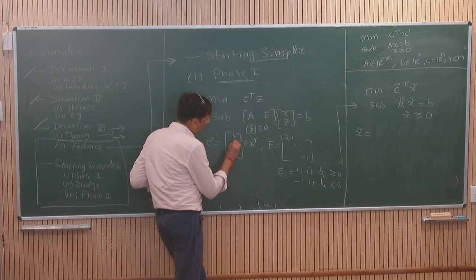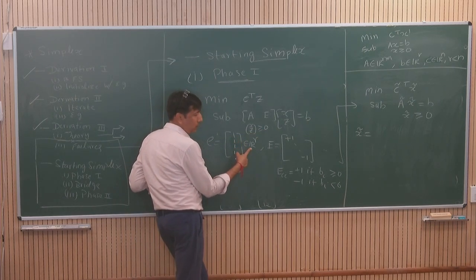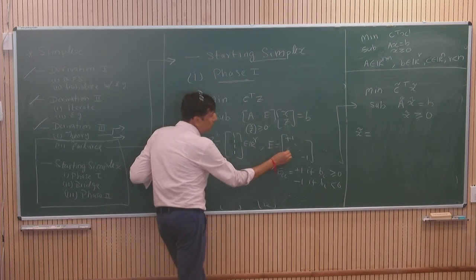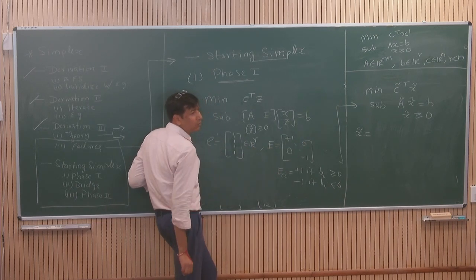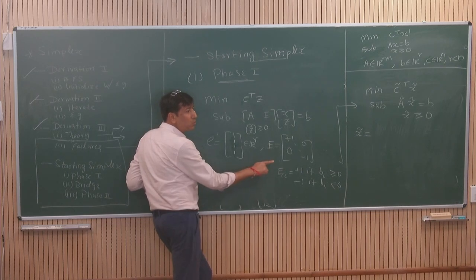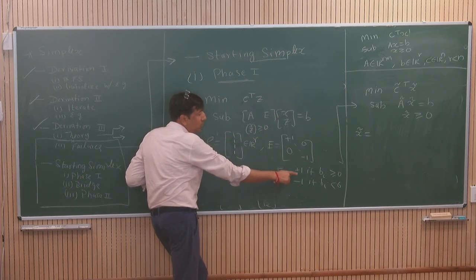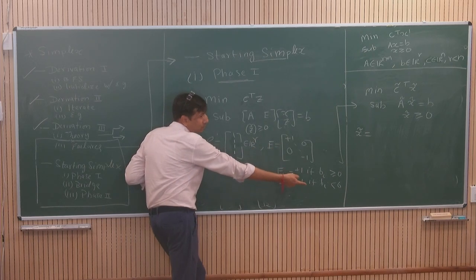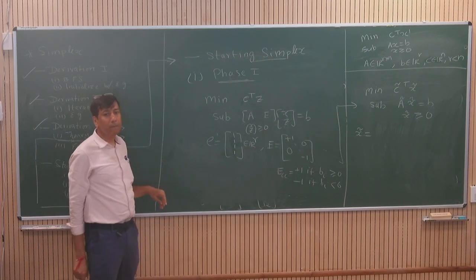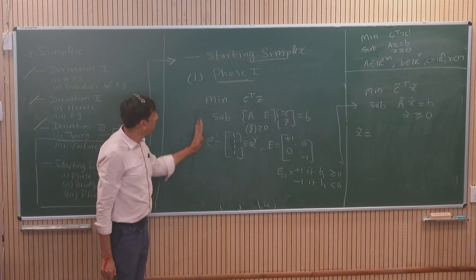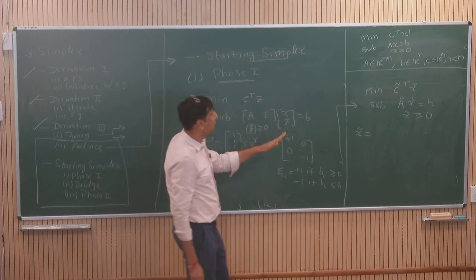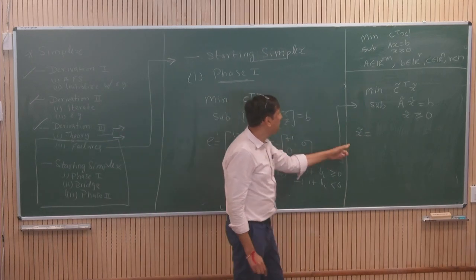It is a vector of all ones and it's r-dimensional. What is capital E? It is a diagonal matrix with plus and minus 1 on the diagonal. It is plus 1 if the corresponding b element is positive, and minus 1 if the corresponding b element is negative. Everybody okay?